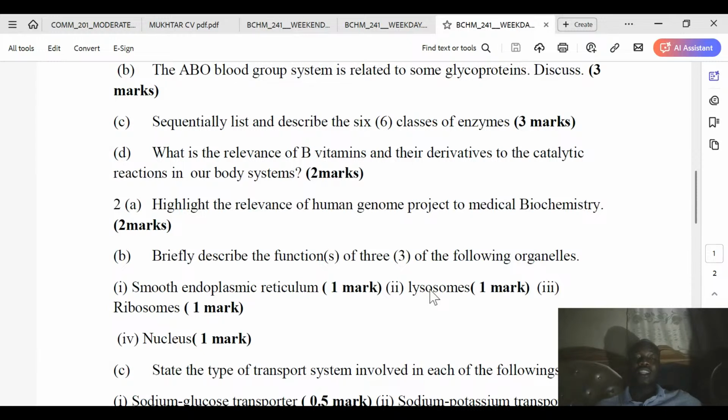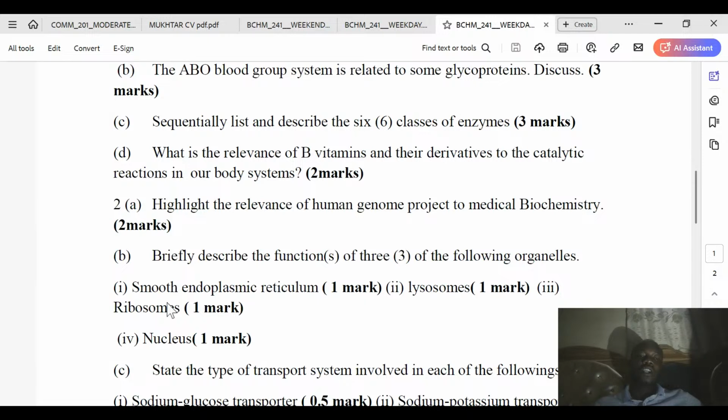What will take care of the bacteria in the cell is the lysosomes. The lysosomes will engulf the bacteria, and in the lysosomes there is an enzyme called lysozyme. The lysozyme will chop and degrade the bacteria, and at the end the bacteria will be completely neutralized.